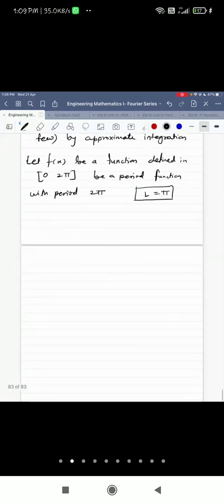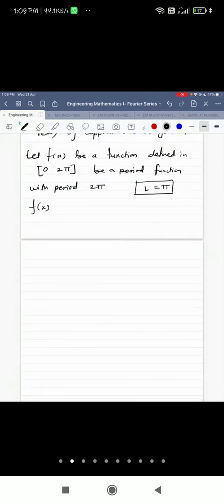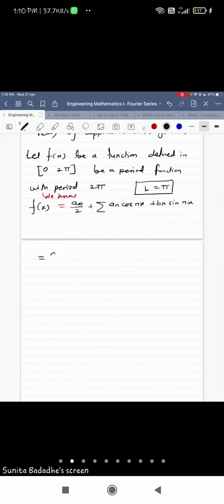So you know that f(x) is a naught by 2 plus summation an cos nx plus bn sin nx, which is nothing but a naught by 2 plus a1 cos x plus b1 sin x.